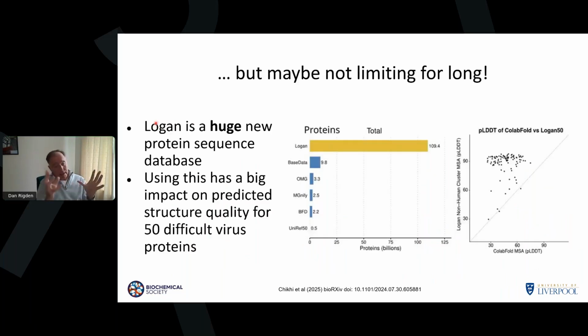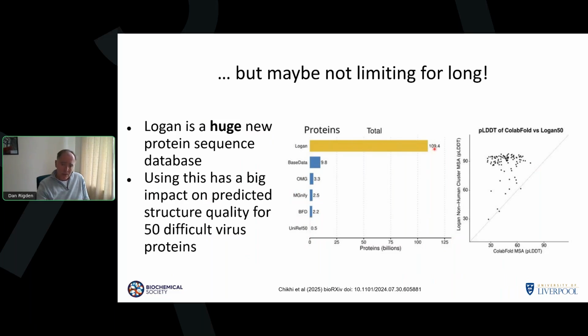So that's a slight negative for a very small number of proteins, but the positive here is just very recently this whole new protein sequence database is coming along, which is vastly bigger than these already huge databases that have been previously used. So if you use AlphaFold 2 or AlphaFold 3, you'll be looking at this kind of database here, which has a couple of billion sequences. That's a lot, but sometimes it's not enough.